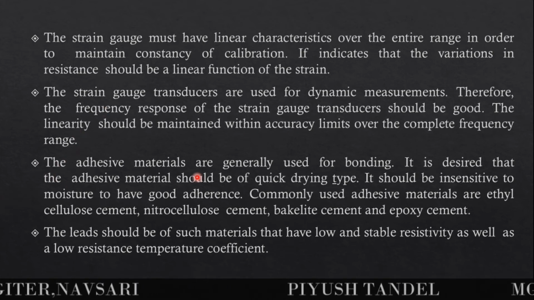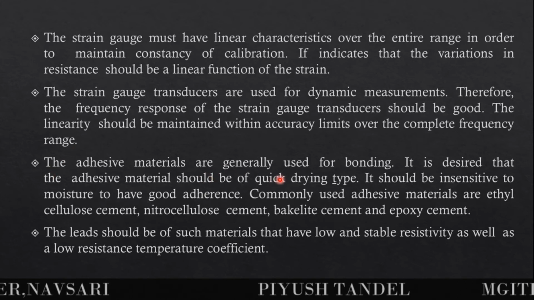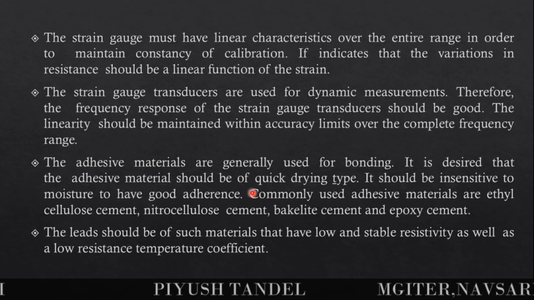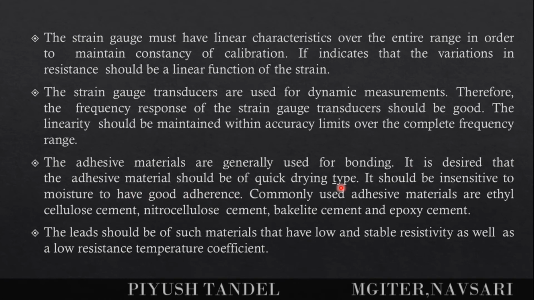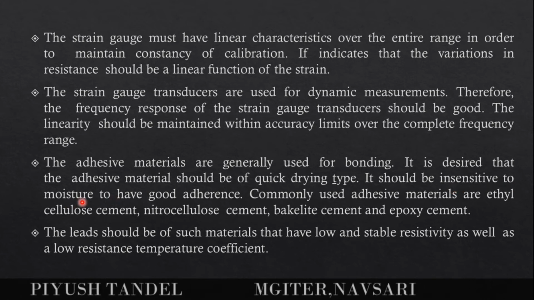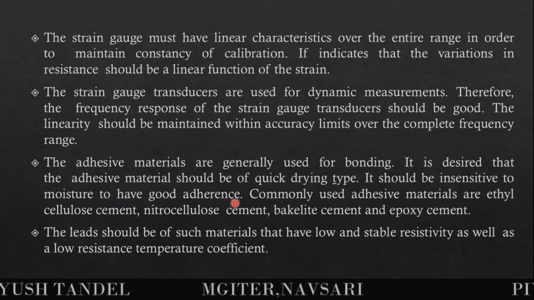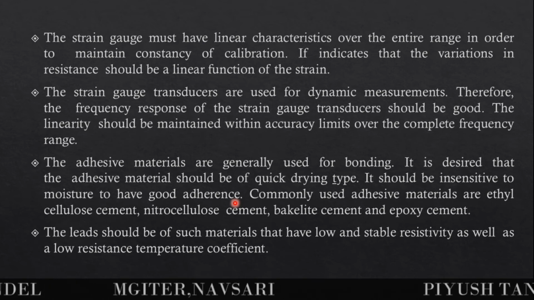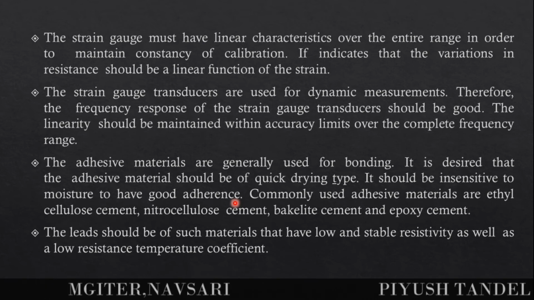The adhesive material is generally used for bonding. It is desired that the adhesive material should be of quick drying type. Okay, it should be insensitive to moisture and have good adhesiveness. It should have good ruggedness with respect to moisture. It should not get damaged very easily.